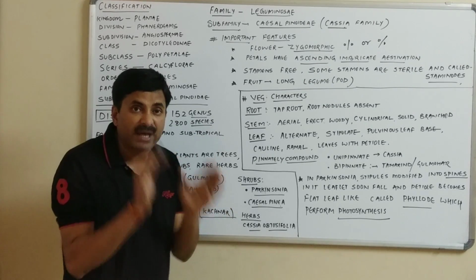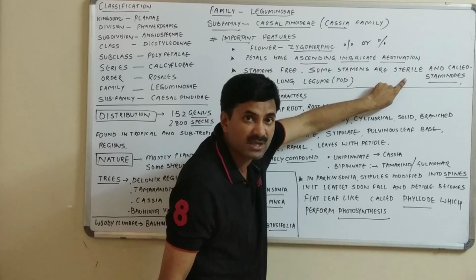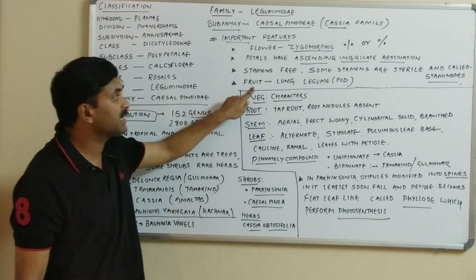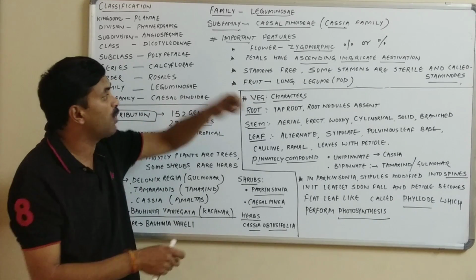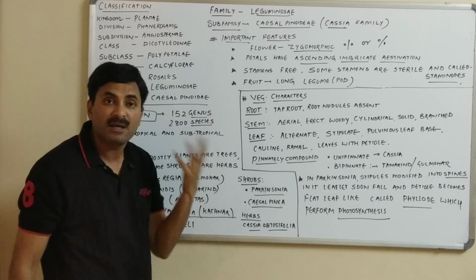Those sterile stamens are called staminodes, which is a feature of this family. And the fruit is a legume, but the legume here is very long, so we can say the fruit is a long legume or pod.